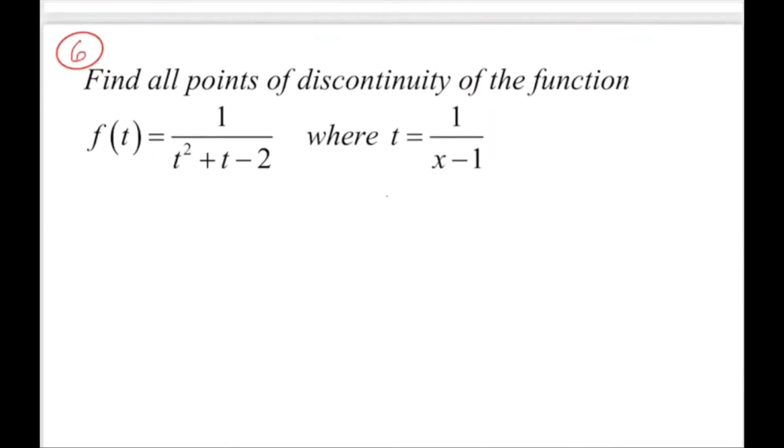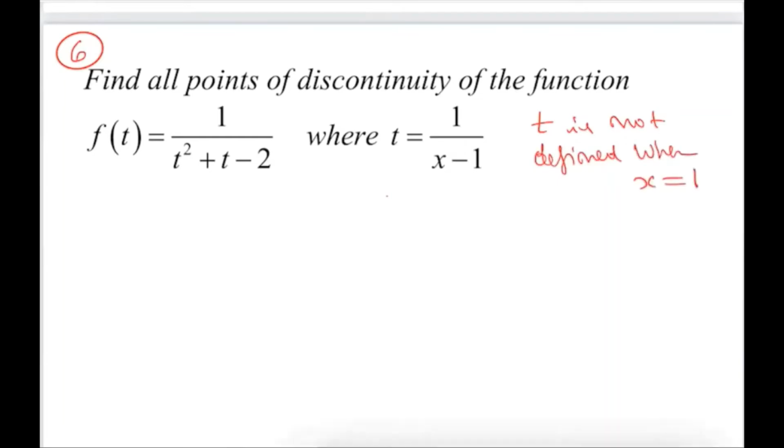Sixth question. Find all the points of discontinuity of the function f of t, where t is 1 upon x minus 1. t is not defined when x equal to 1.